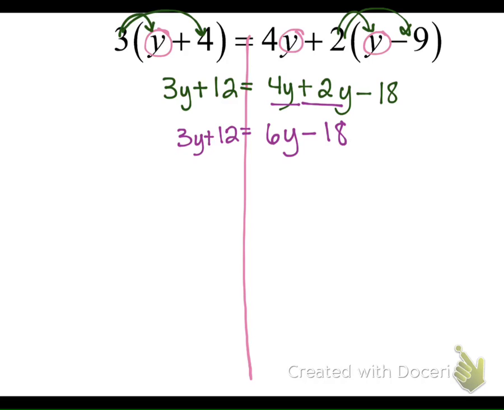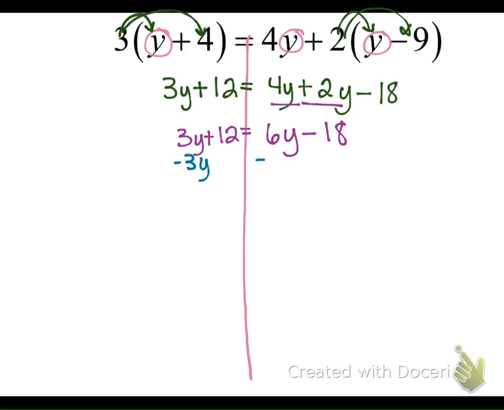So I did step 1 because I distributed and combined like terms. Now what do I need to do? Get the variables on the same side of the equation. How am I going to do that? Minus 3y, because I picked on the little guy.